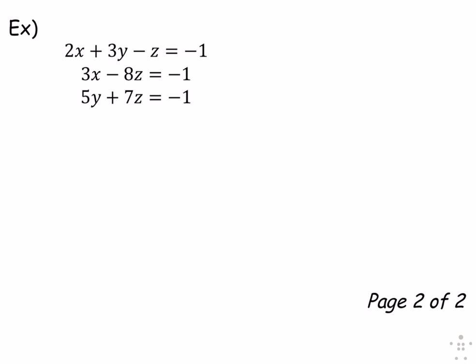If I do this here, and eliminate the x's with 1 and 2, and get something y, something z, notice y and z is already set up for me in the third equation, so I would be able to jump to step 3, skipping step 2. That's what I'm going to do.